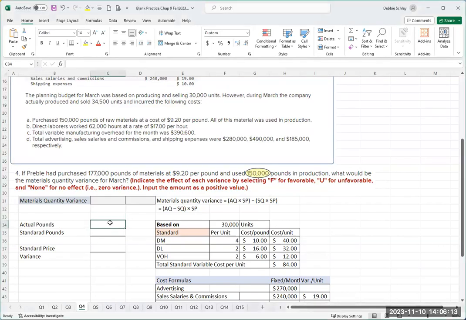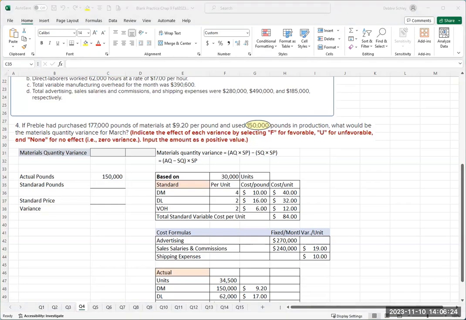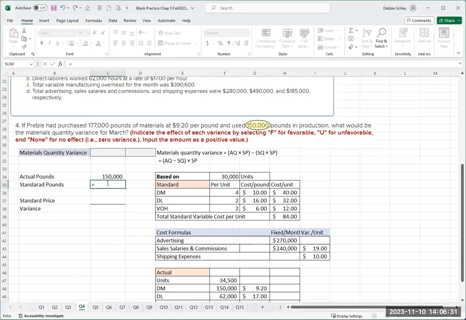And so I'm just going to use that 150,000, and the standard pounds, remember, is the pounds per unit times the units. And so we're going to take actual pounds minus standard pounds.